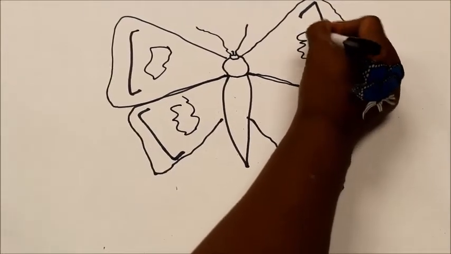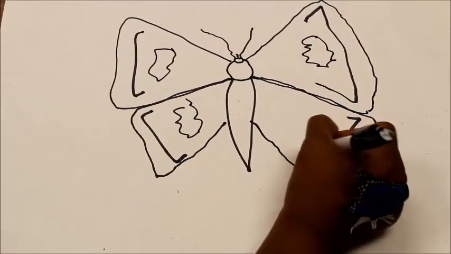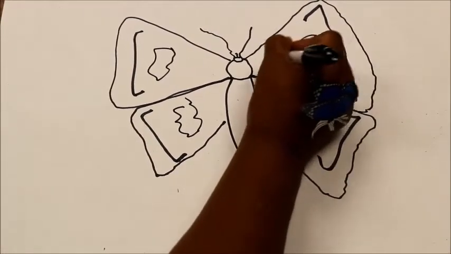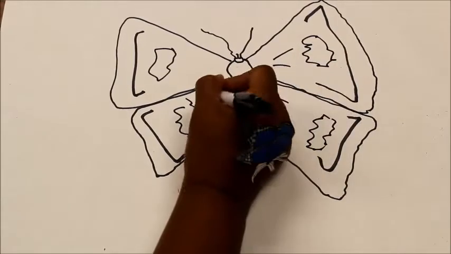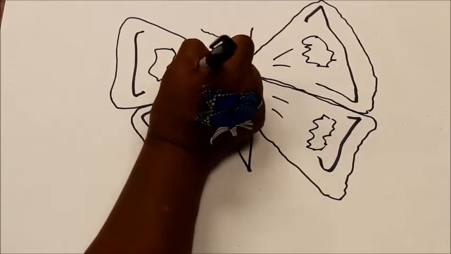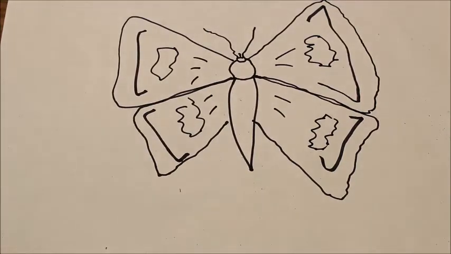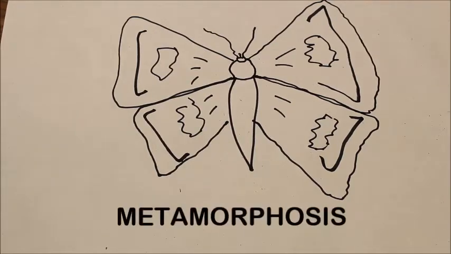So you can make squiggly lines and color them a different color. You can make fancy lines or whatever, but that's a butterfly. And that's what we're going to be talking about today. We're going to be talking about how they change from one thing to another thing. And that process is called metamorphosis.